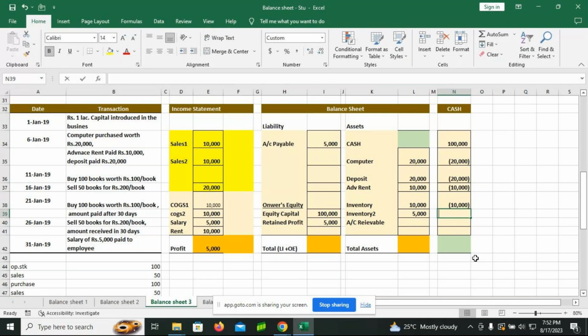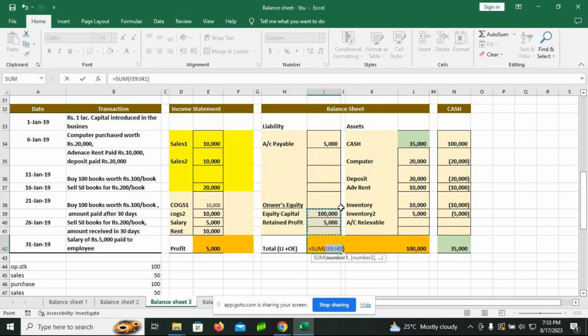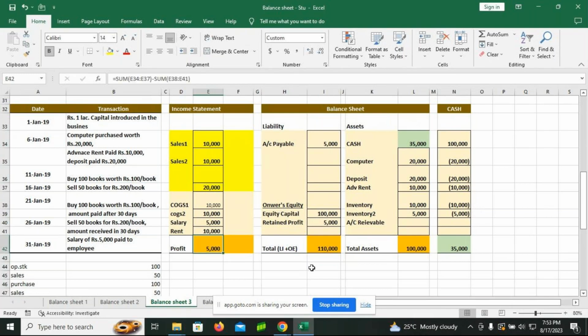And the inventory part, what I am yet to receive. So alt equals, so cash that is left with me is 35,000. So 1 lakh, so 1 lakh 10,000. So retained earning.